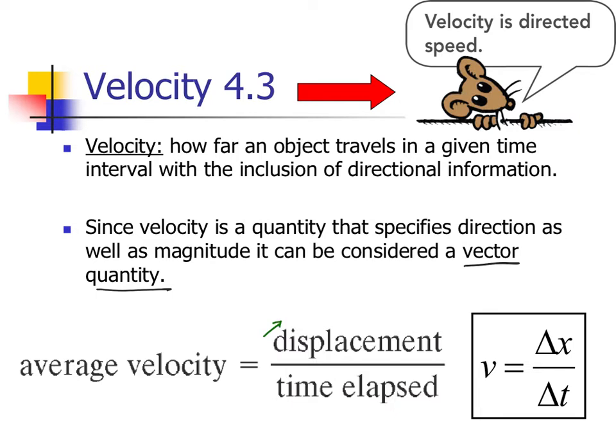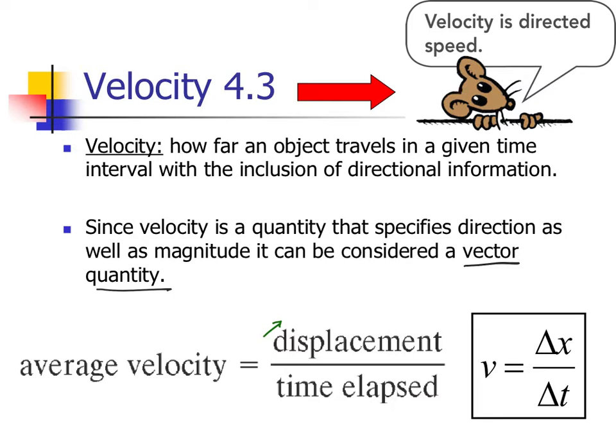Time, because it's scalar, usually it's just going to be written in black or just a non-vector color. But velocities are going to be red. Velocity arrows are going to be red, just like it has on the screen. And as the little mouse says, velocity is just direction or directed speed.